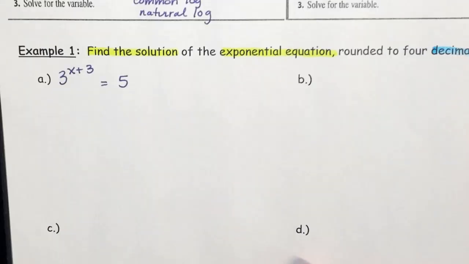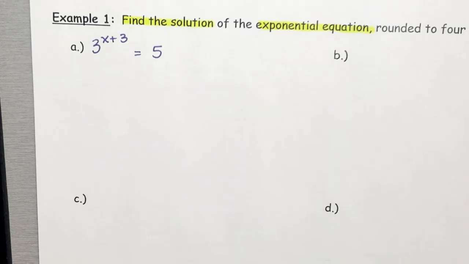Okay, so if we want to use the power rule to bring down the exponent, remember that you can have your value cancel out if they have the same base. So think about what log you want to take of both sides. And again, there's more than one way to do this.